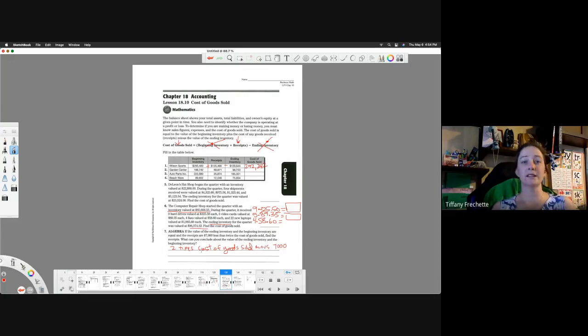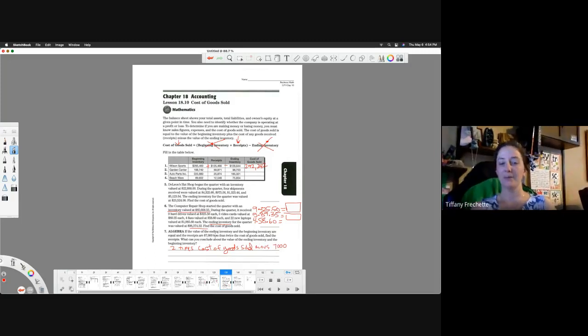Well, if we know that the cost of goods sold and the receipts have to be the same, it's a little bit of a funny situation here because of the way they're wording this. So the cost of goods sold needs to be the same as the receipts. Like I said, it has to be the same because the beginning and the ending inventory are the same.